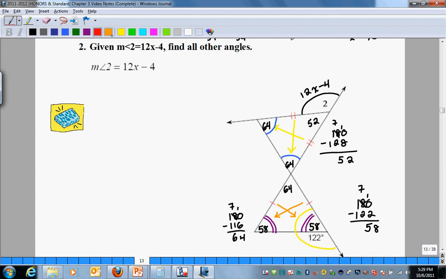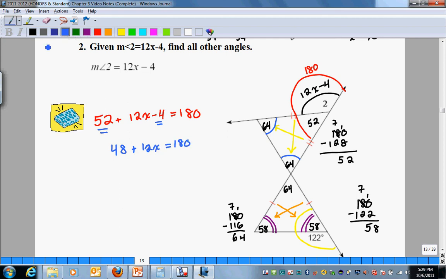The last thing I can solve for here is I have another 180 linear pair. So I can go 52 degrees plus 12x minus 4 equals 180. I'm going to collect like terms. That's going to be 48 plus 12x equals 180.